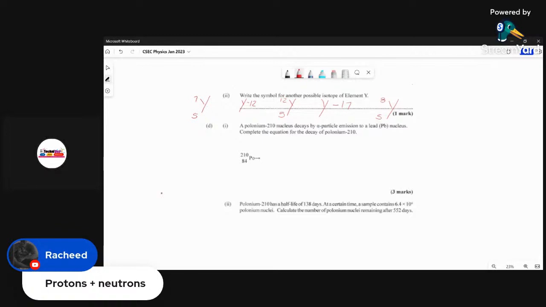So we are writing our equation. They gave us a symbol for lead. So we know that polonium is going to lead plus alpha. So let me write my alpha symbol. Now we know the atomic and mass number for alpha.